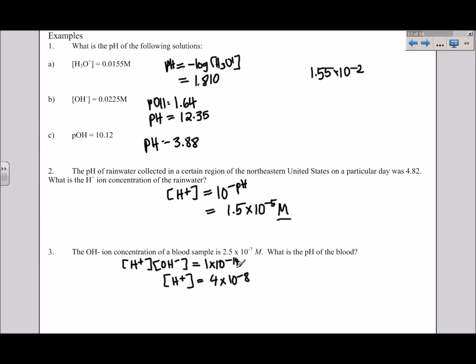Now you do need to be careful when you're using your calculator to do this calculation. You want to properly enter the numbers in scientific notation so that you don't have an order of operation problem and you end up with an incorrect answer. You can also, by inspection, observe that these values make sense because the exponents of the concentrations will always add up to -14.